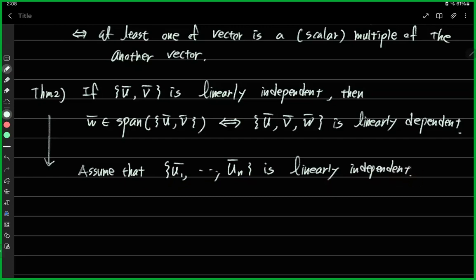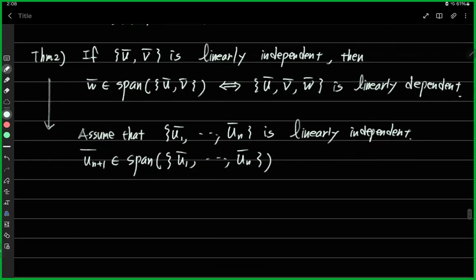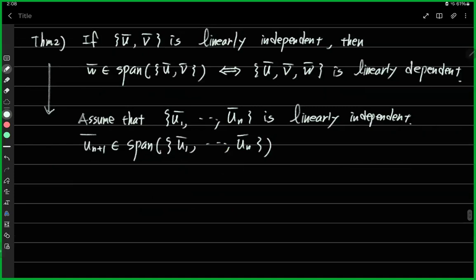Then, if u(n+1) is in the span of u1 through un, then u1 through u(n+1) is linearly what? Dependent, right? Dependent.